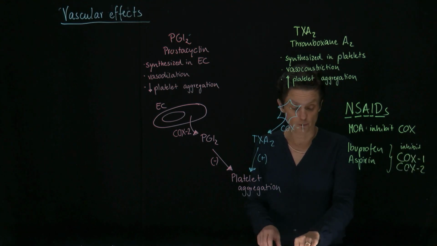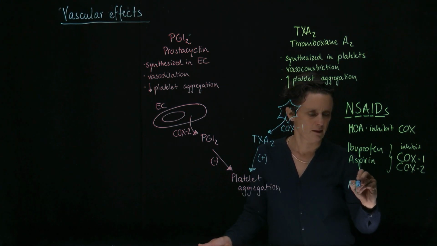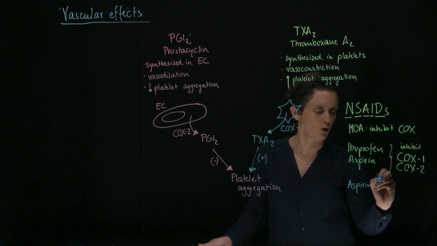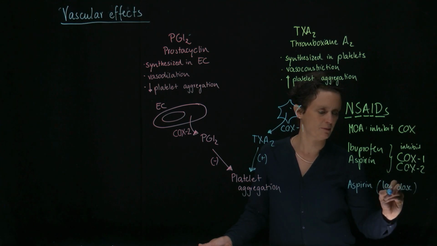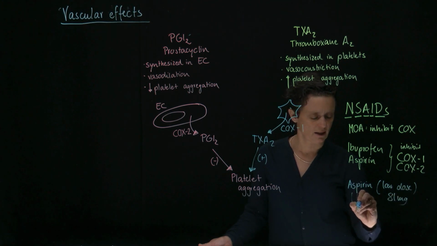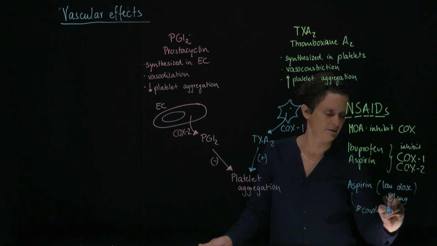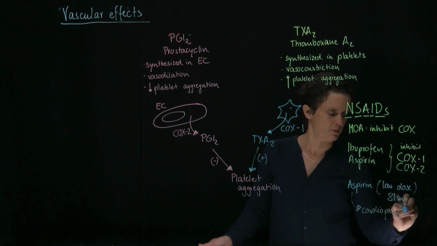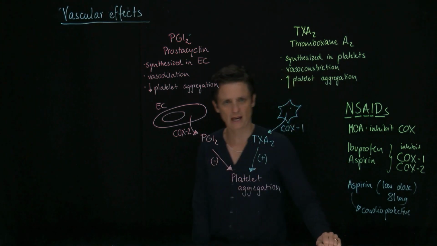But some of you may also know that aspirin, when we use it in very low doses, like what is called the baby aspirin, the 81 milligram aspirin, is actually cardioprotective. So it prevents us from having an MI or stroke. So how does it all fit together?